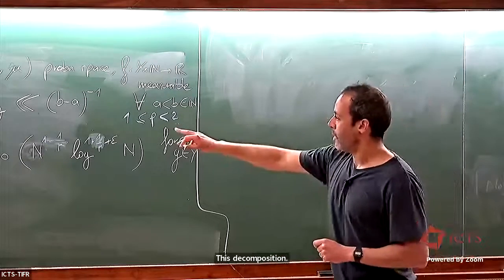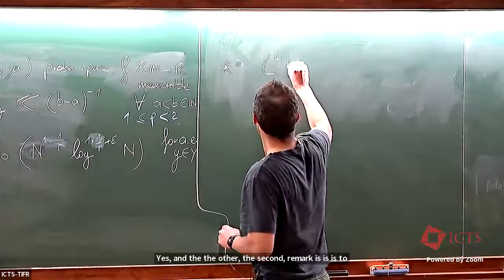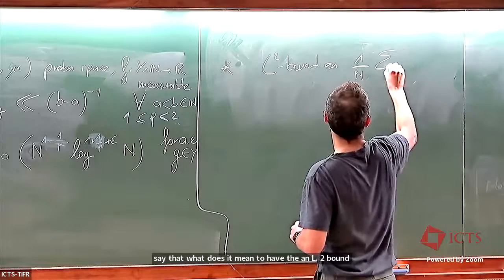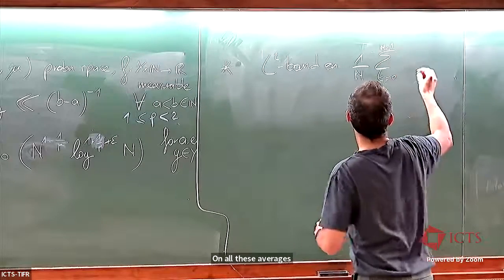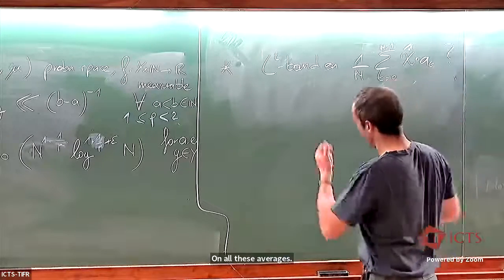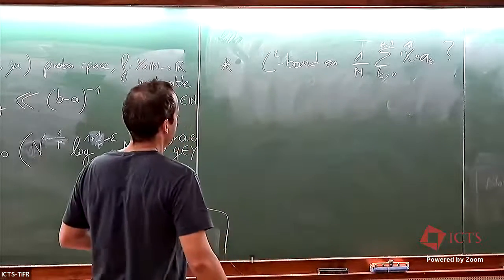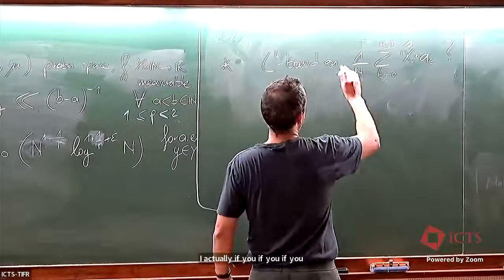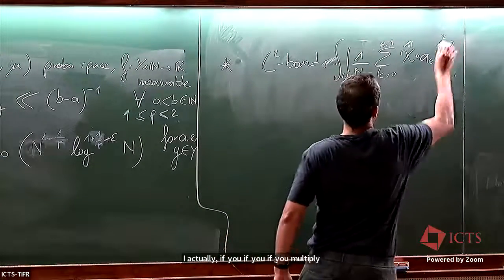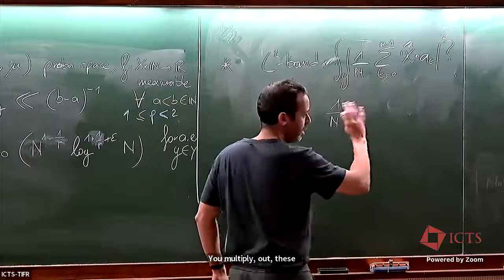And the second remark is to say what does it mean to have an L2 bound on these averages? If you multiply out these averages, what we have is actually a double correlation.